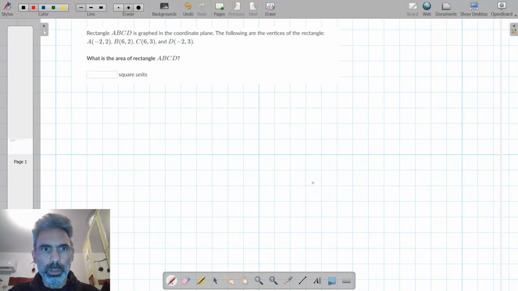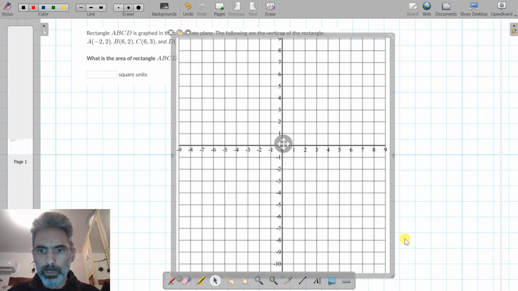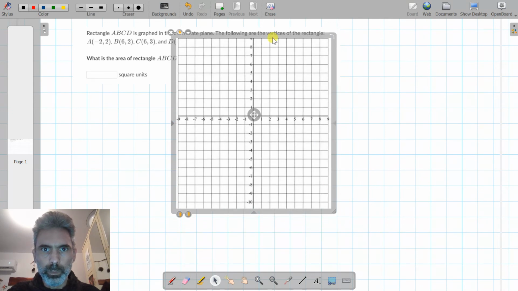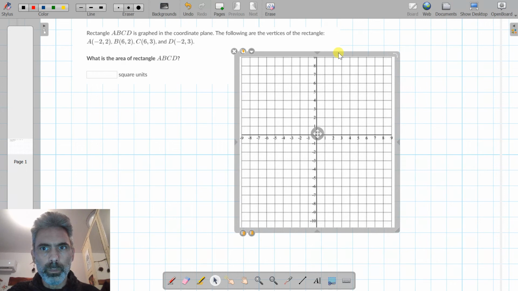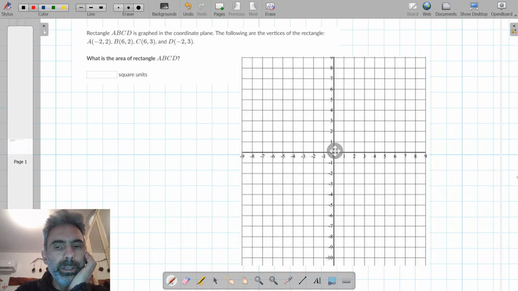Paste it to the board. Okay, the following are the vertices of the rectangle. So point A is at -2 and 2.